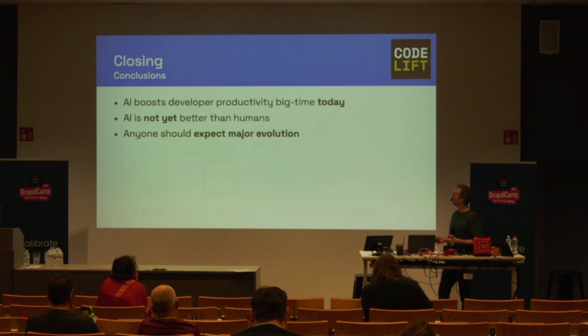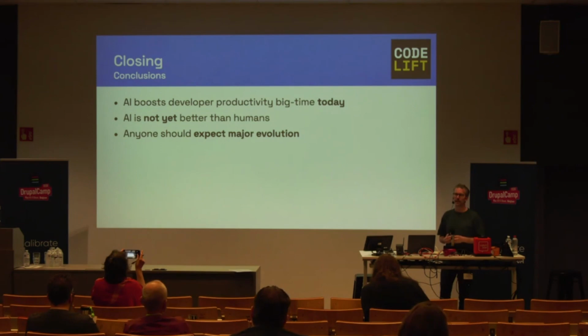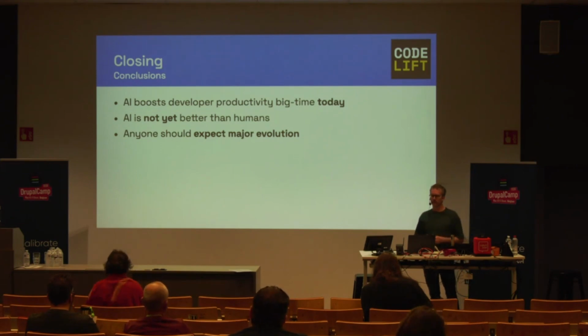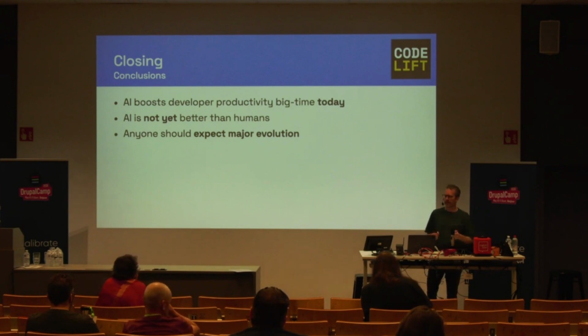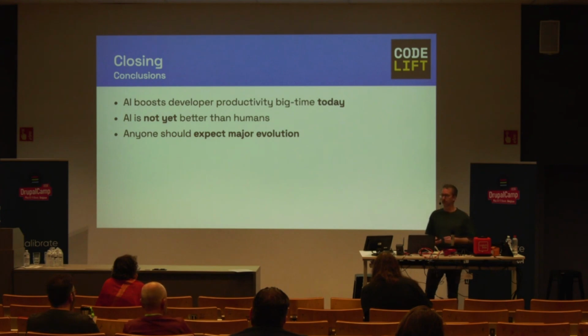They are already super useful as an AI tool for code completion when doing your software development, but they are not yet better than humans. It's really just a tool. They cannot work really on themselves, but we should all expect a really major evolution soon.